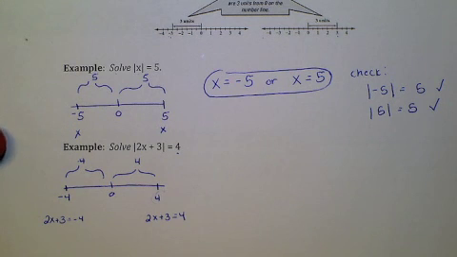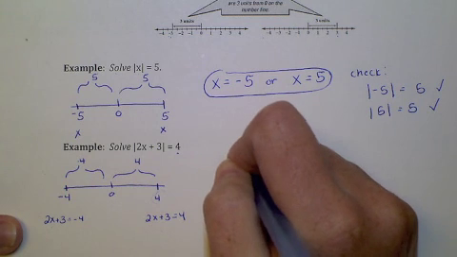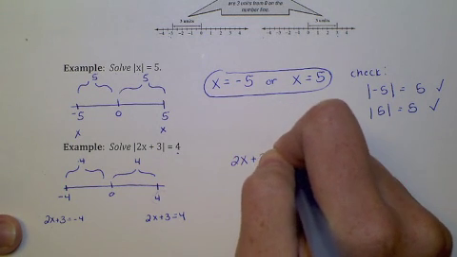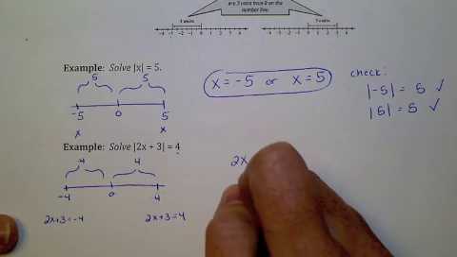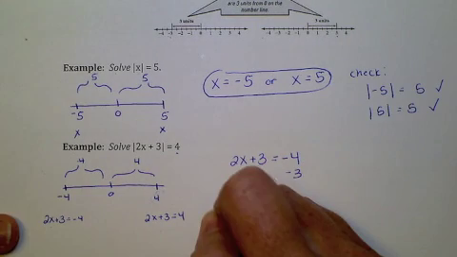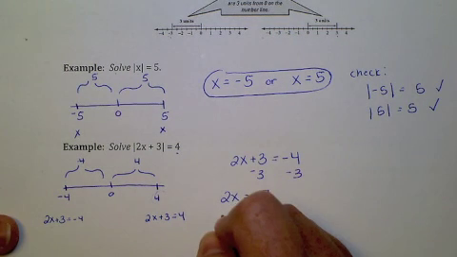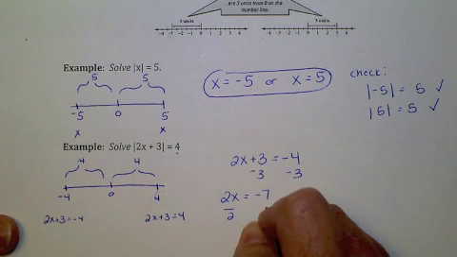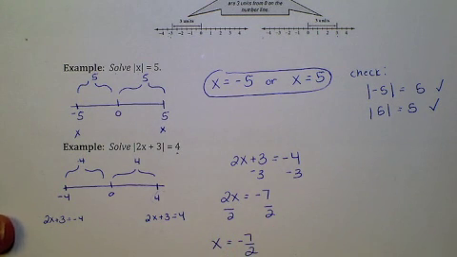Now, this helps me solve. We're not done yet. We have to take these two different cases here. If 2x plus 3 is at -4, well, I can solve for x. Subtract 3, that gives me -7. And then divide by 2. So x equals -7/2. So that's one possibility.